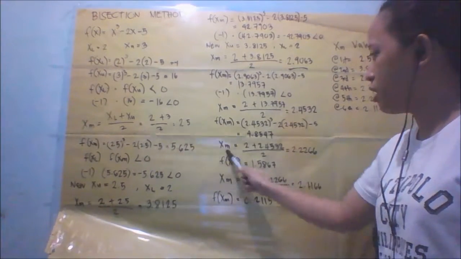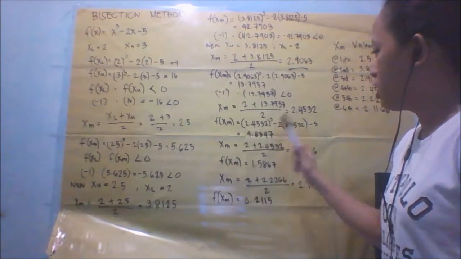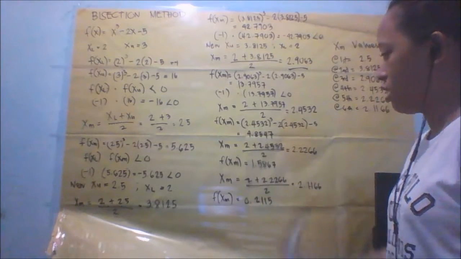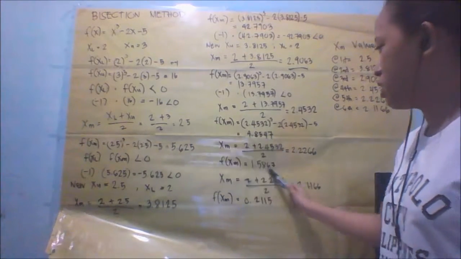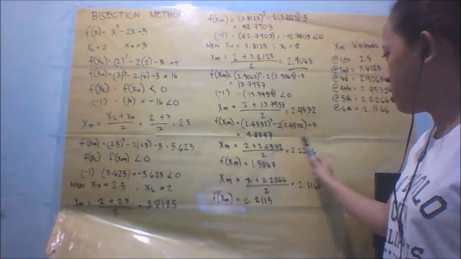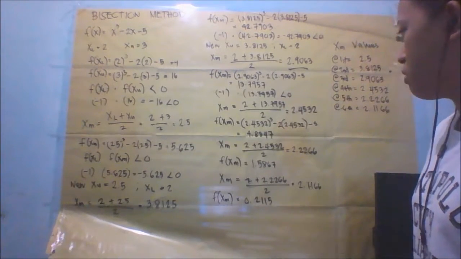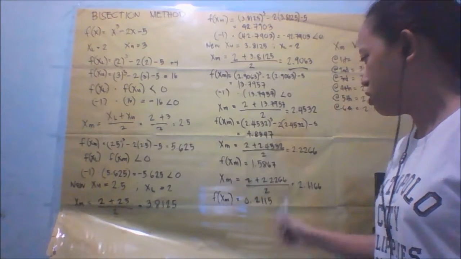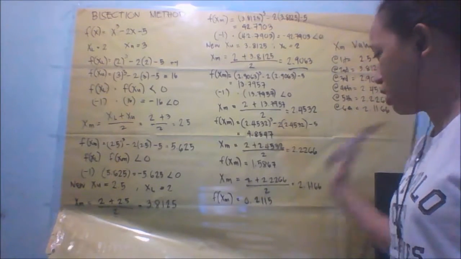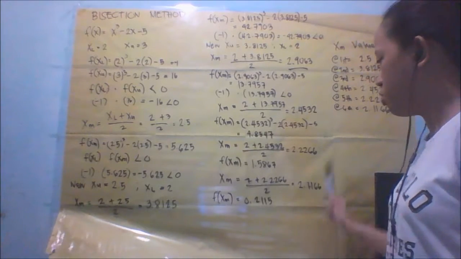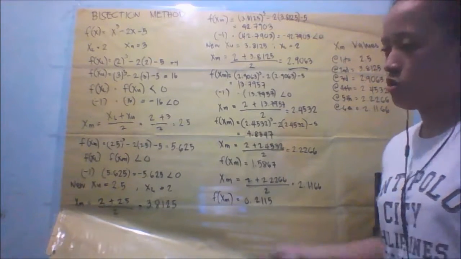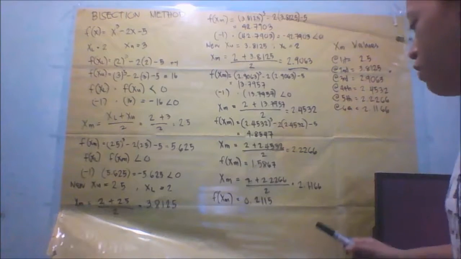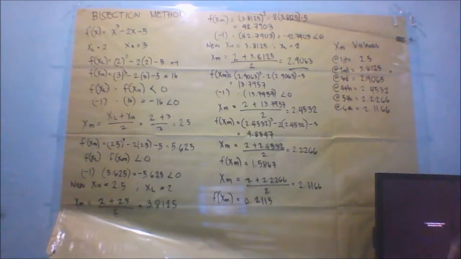So getting again the f of xm, which is 1.5867. It is positive again, so our xm will become our new xu. So getting the xm again, 2 plus 2.2266 over 2 is 2.1166. So getting again the f of xm, which is 0.2115.